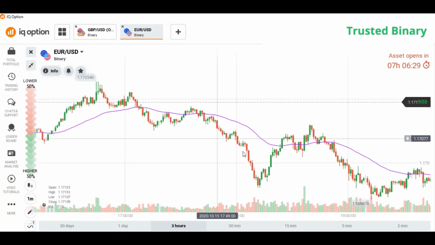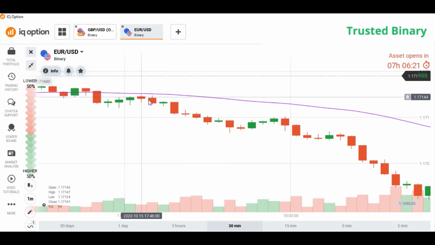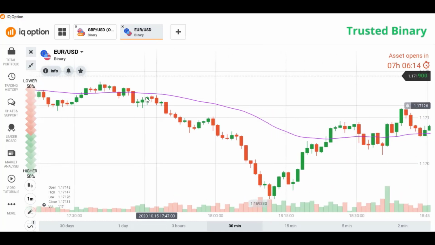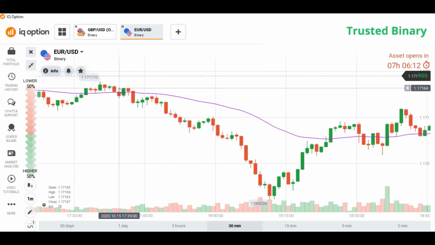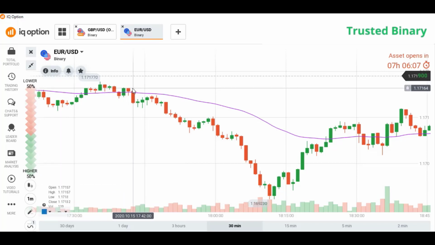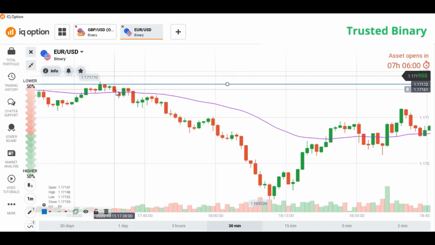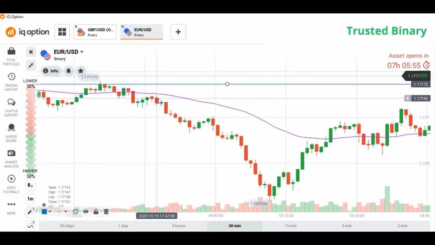So after two candles, the market is moving below the 50 EMA line, so it's a downtrend, a strong downtrend. The trend started from here. The market started falling down from this point.